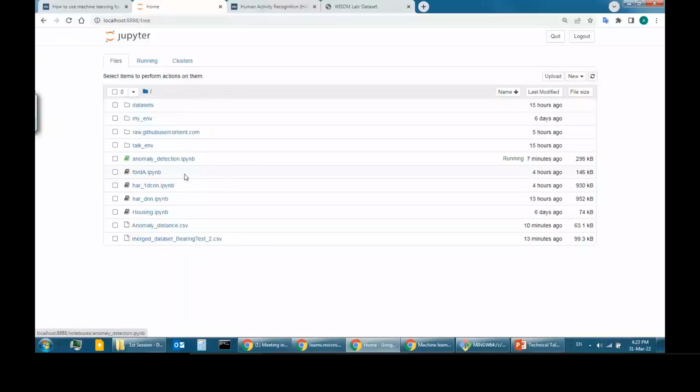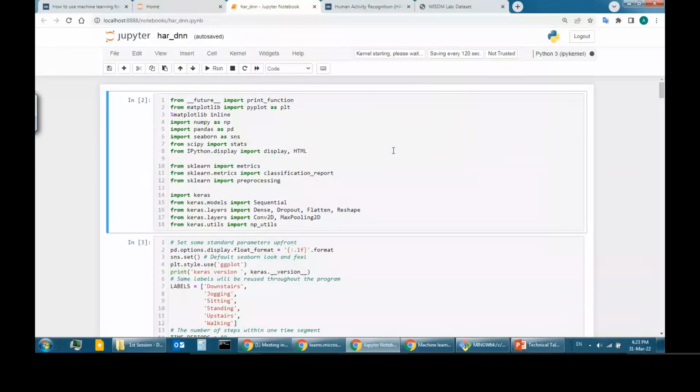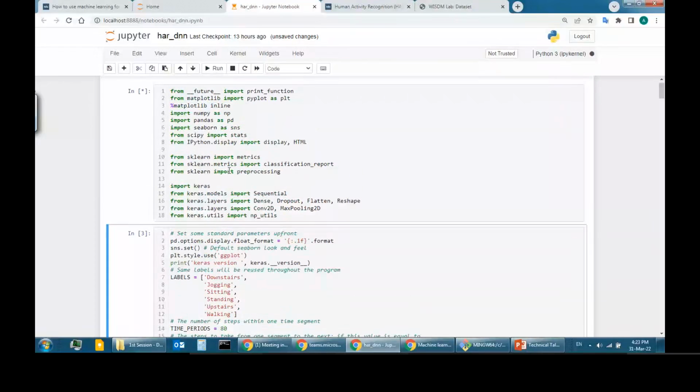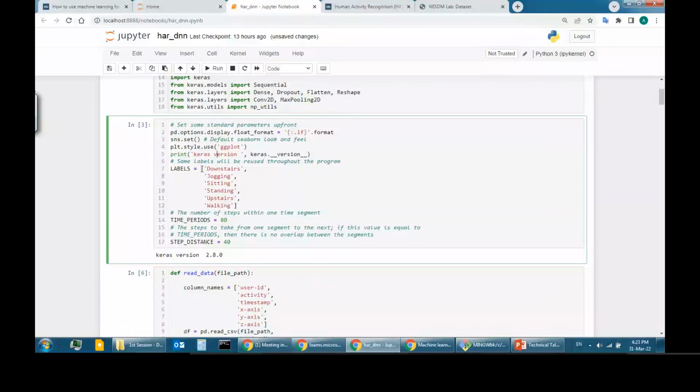First, let's look at the DNN, the multi-layer perceptron deep neural network. So again, it's just importing some libraries. And after that, reading the data. So in this case, they just prepare the labels because they want to use it. And they have some time periods, meaning how many readings they will take from the data.